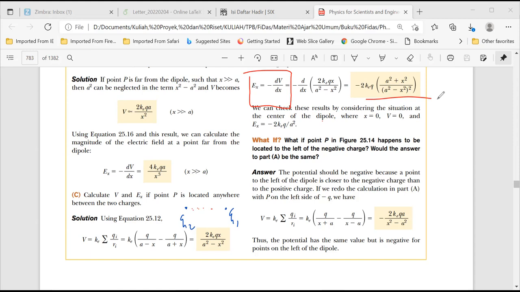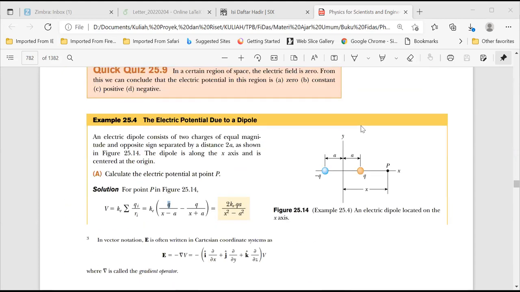The fourth question, the what-if question. What if point P happens to be located to the left of the negative charge? Here I located point P on the right side of the positive charge.